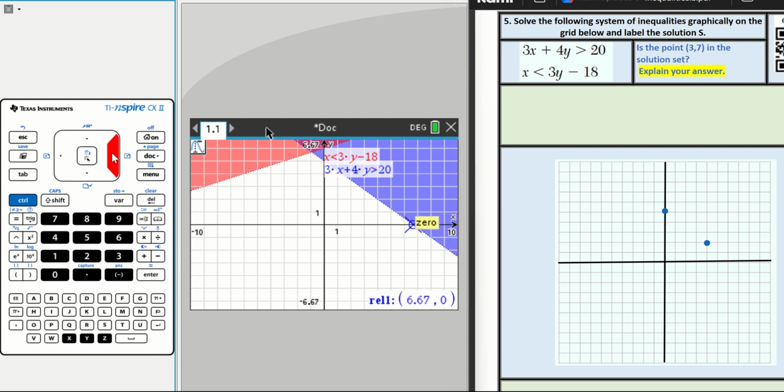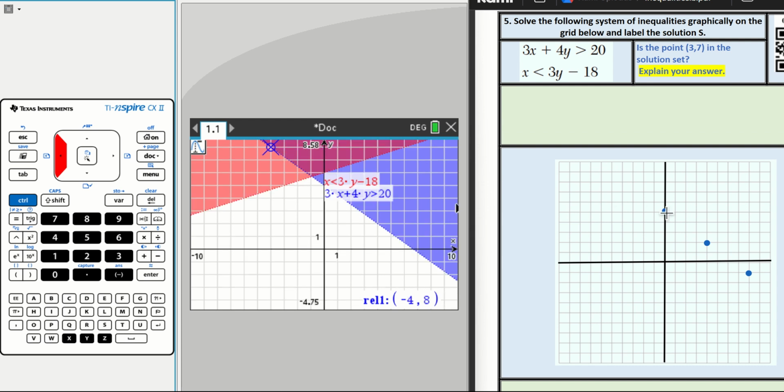Then 8, -1, so way over here, and there's probably one up here. Then -4, 8.